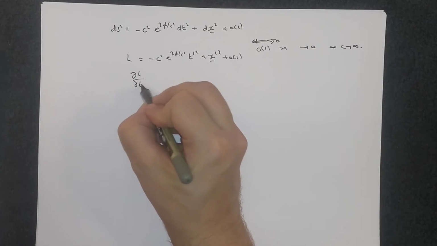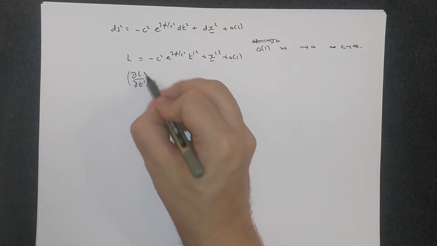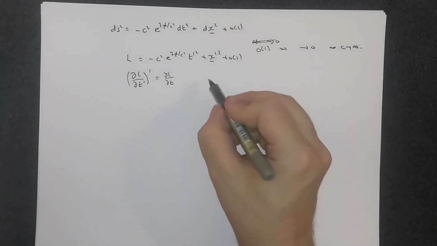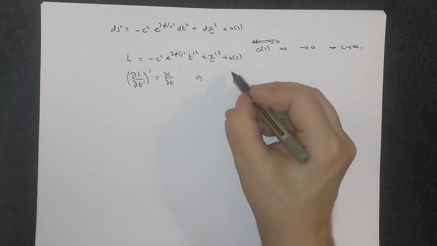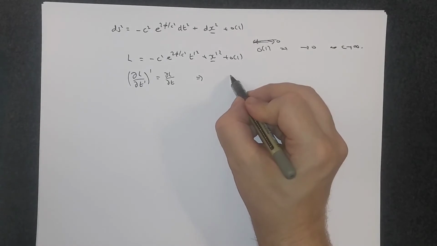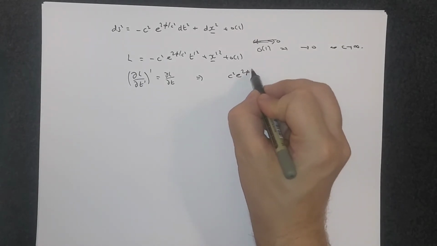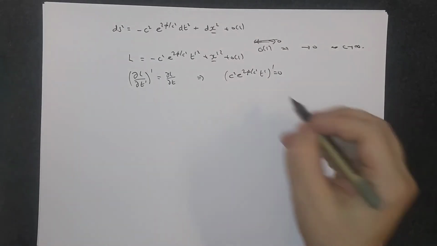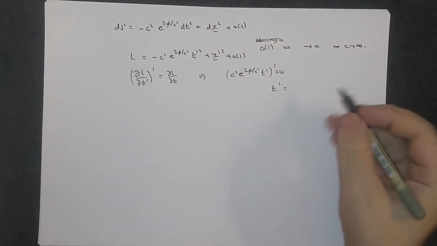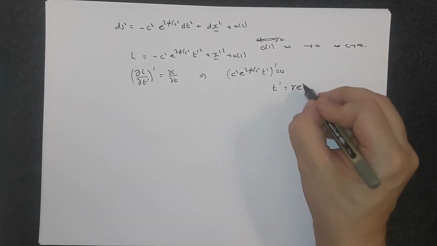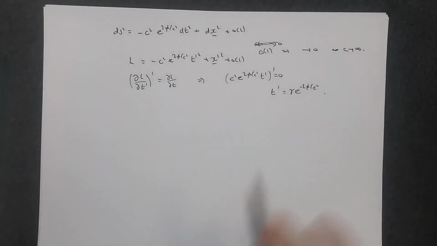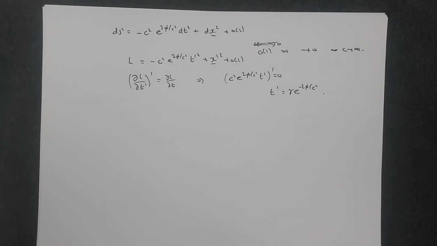So dL by dt prime is dL by dt, and that gives me c squared e to the 2 phi over c squared t prime, all differentiated, is 0, which shows me that t prime is equal to gamma e to the minus 2 phi over c squared for some gamma. This is the special relativity gamma.